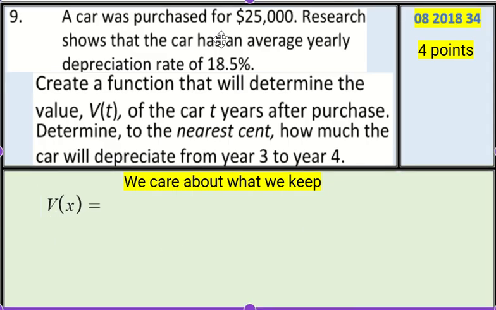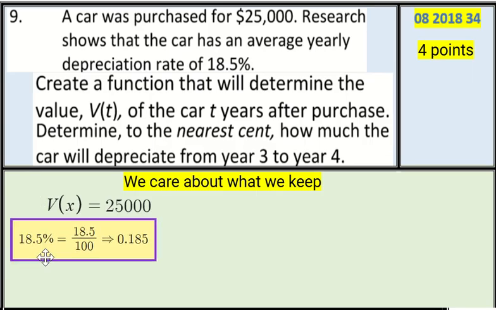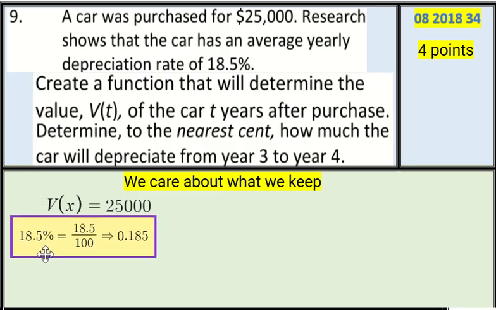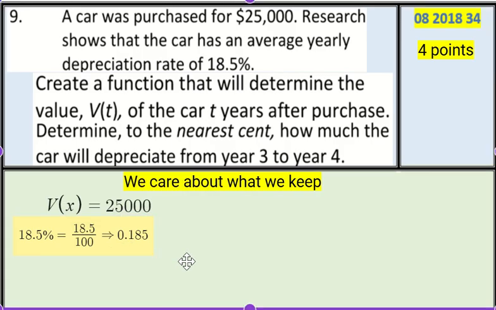So what we start with originally, that car was worth $25,000. So then what happened? We look at that 18.5%. That's really 18.5 out of 100, which is 0.185.